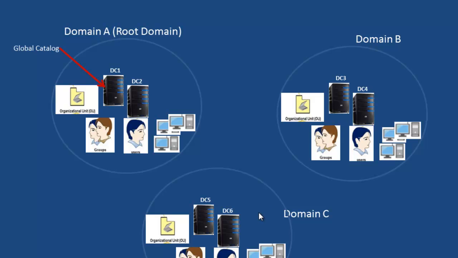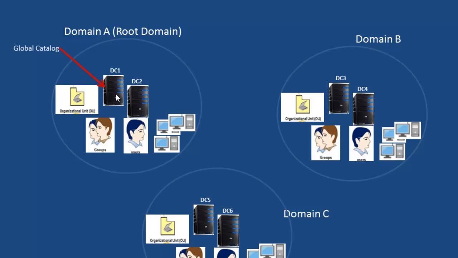And when that user tries to log on, and that user is in domain C, he might get an error. So what we do is send all those attributes to DC1, which would be the global catalog server, so that there is no error. Everything goes home first, which would be the global catalog server, DC1.